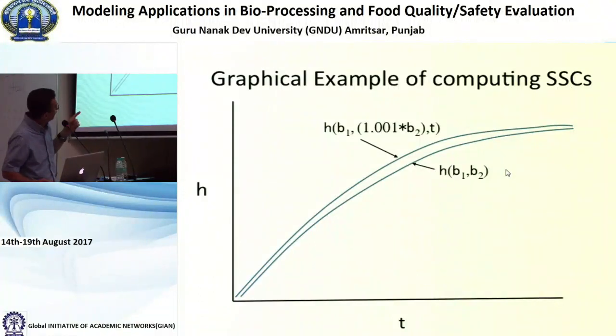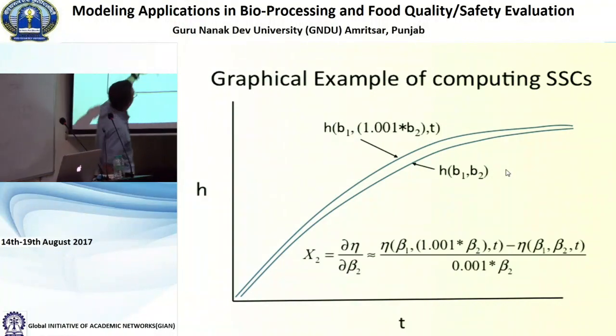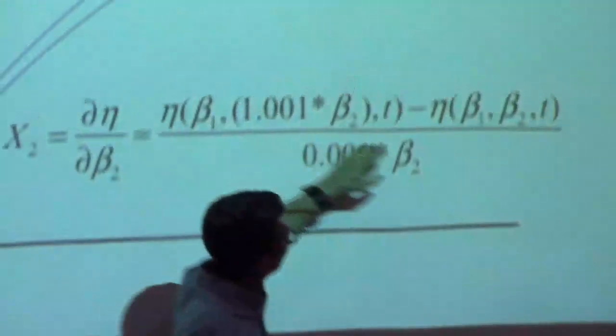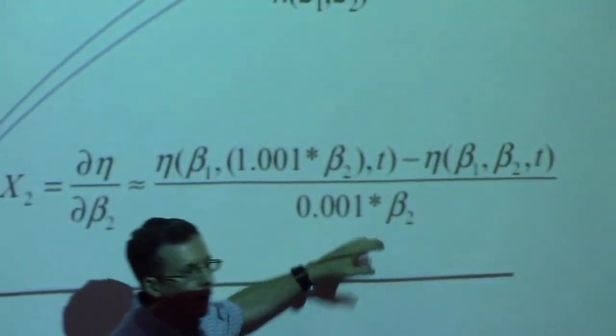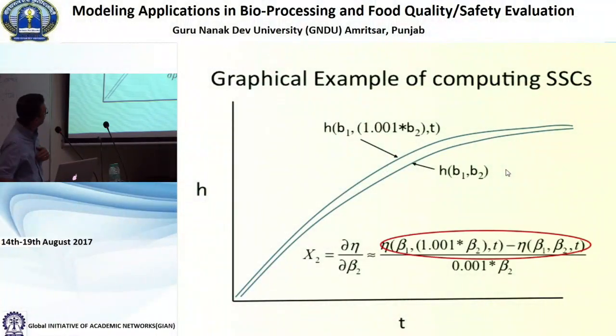So then you subtract the two, right? So you take the upper one and you subtract the lower one and divide by this small perturbation. Okay, that would be your sensitivity coefficient.